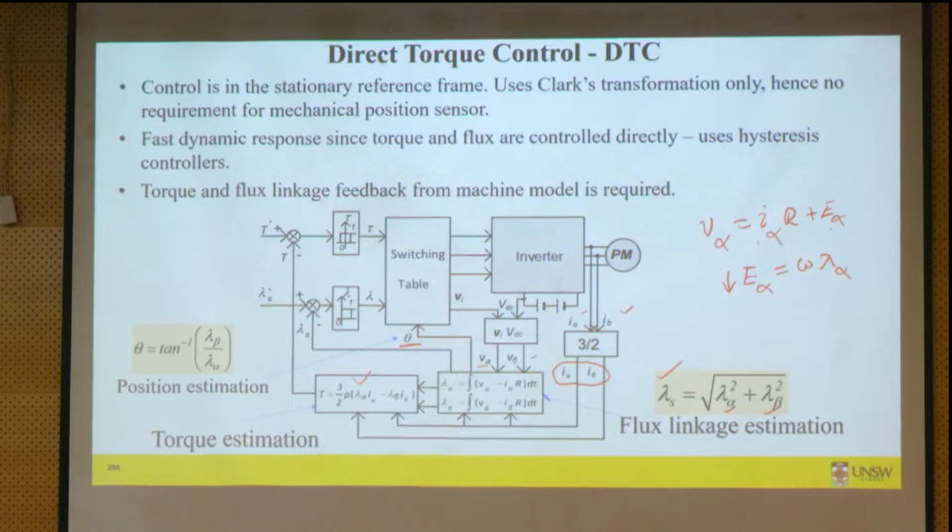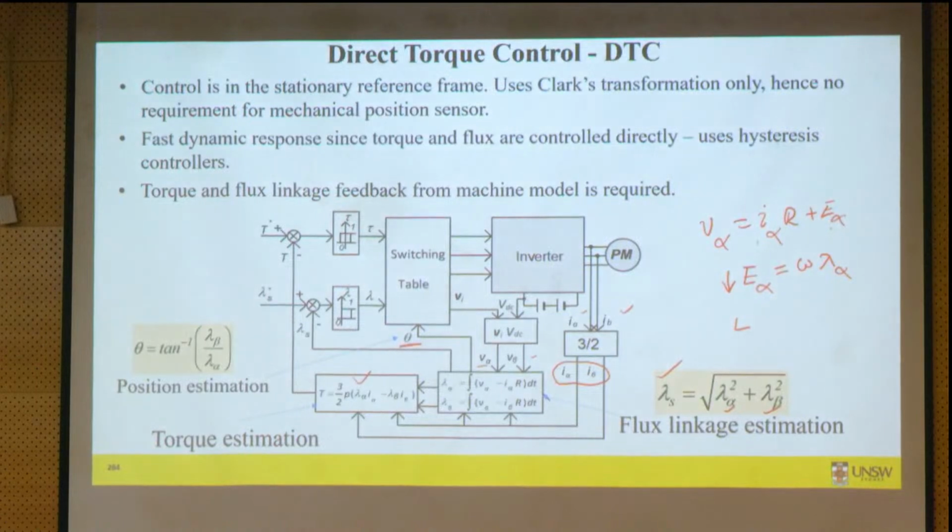As a solution, you can use high frequency injection, and as we know, inductance is position dependent. At high frequency we can separate out the position dependent inductive component, and from there we estimate theta.